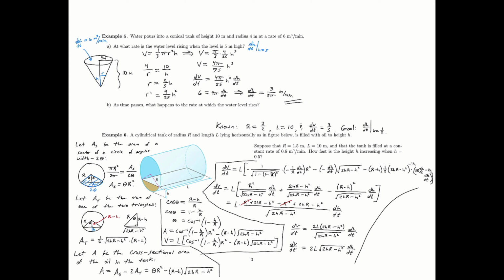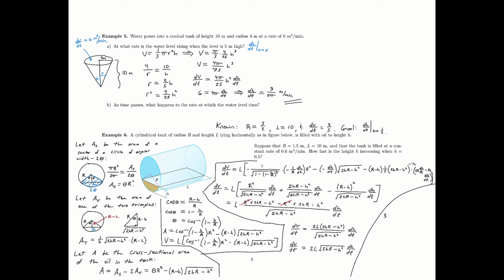Now that's a lot of algebra. After all of that, where are we? Well, we can fill in our known information. We know that dv dt is going to be 3/5. So we're going to have 3/5.